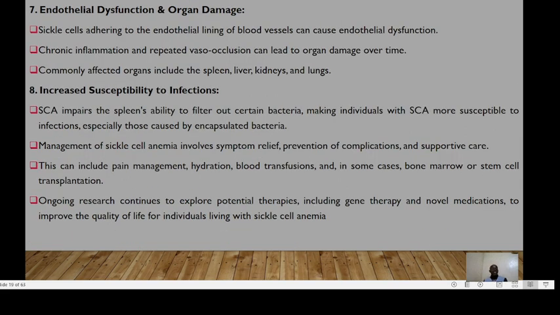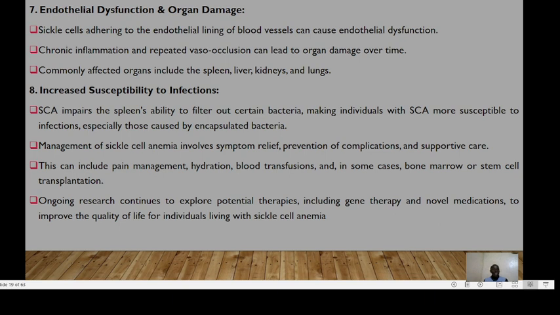This leads to endothelial dysfunction and damage, and organ damage. The sickled cells adhere to the endothelial lining of blood vessels, leading to endothelial dysfunction. Chronic inflammation and repeated vaso-occlusion can lead to organ damage over time. Commonly affected organs include the spleen, the liver, the kidney, and the lungs.